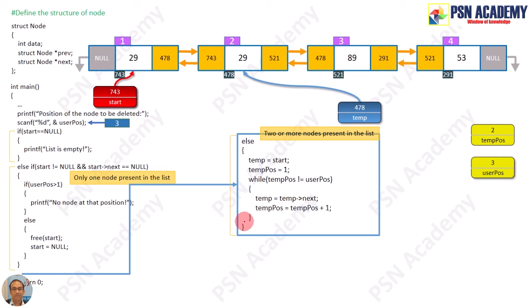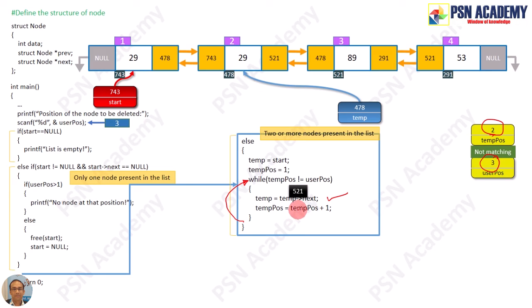Now we get back to this condition again to check whether temp pos is not equal to user pos. Temp pos is 2, user pos is 3. So temp pos is not equal to user pos, and we get inside again and execute this statement: temp equal to temp next. Now what is temp next now?